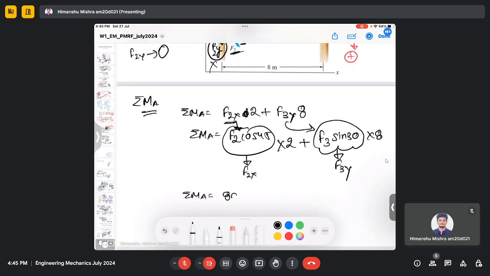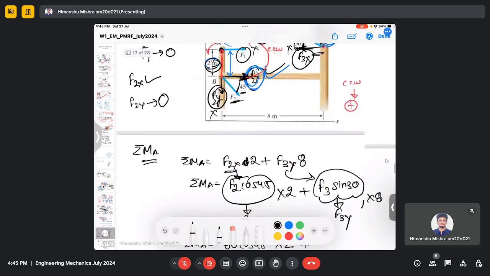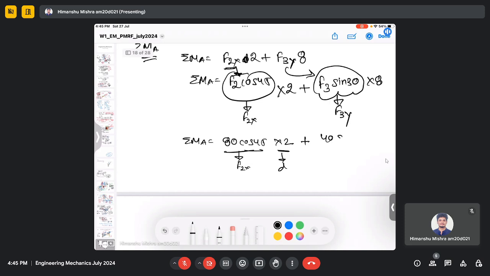So it is 80 cos 45. This is my force F2x, and this is my perpendicular distance, plus 40 sine 30 multiplied by 8. This is my force F3y, and this is the perpendicular distance.